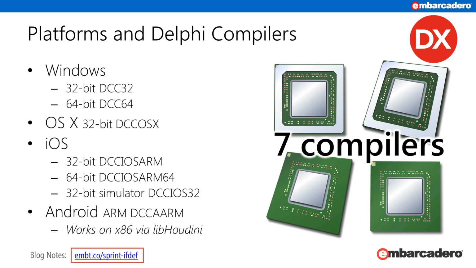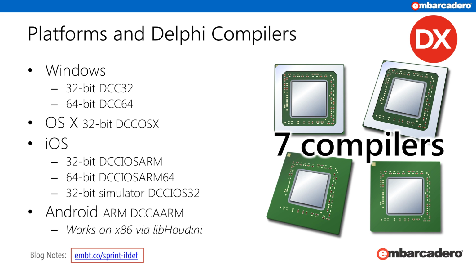So that means that in order to run in the iOS simulator, there's a separate compiler which compiles for x86, but still compiles against the iOS libraries. So just something to keep in mind, that there is that third separate compiler in there that you may not be aware of. So grand total, we have 7 compilers today that target all the platforms you want to target.